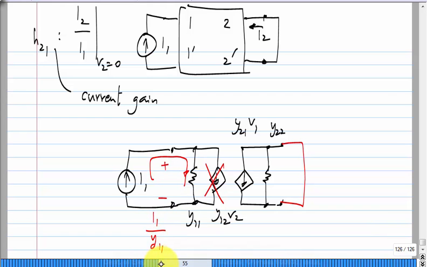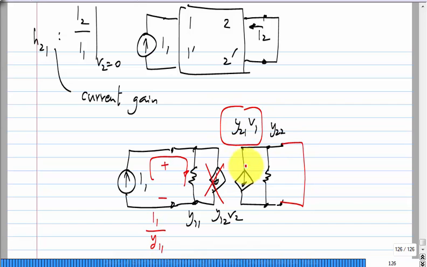Y11 is the conductance, right? The current divided by conductance is voltage. So obviously this is Y21 times V1. So you get Y21 by Y11 times I1. So it's also easy to see in the circuit way.